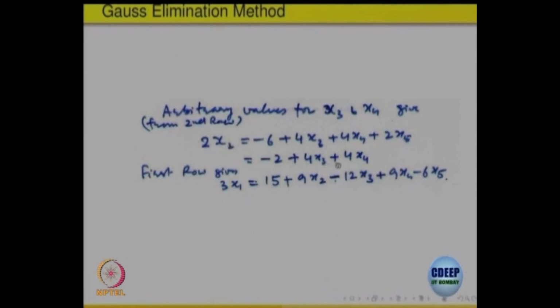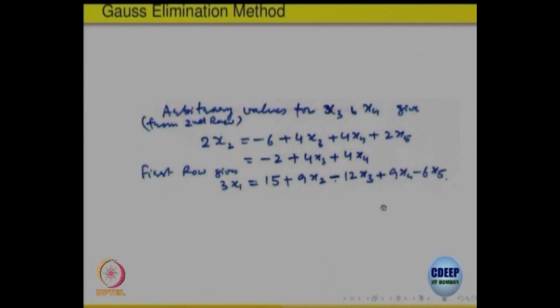But I can keep this in terms of x 3, x 4 and put it in the first equation, backward, that will give me x 1 in terms of this, where x 5 is already known, right, and x 2 in terms of x 3, x 4. So, if I put this value of x 2 here, I will get x 1 in terms of x 3 and x 4, right.